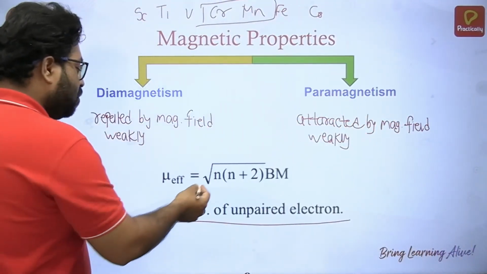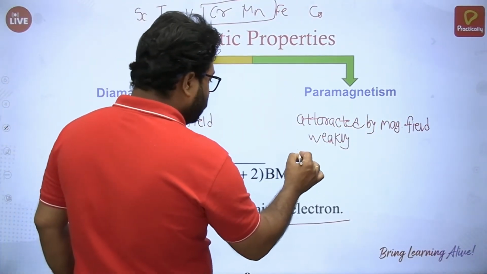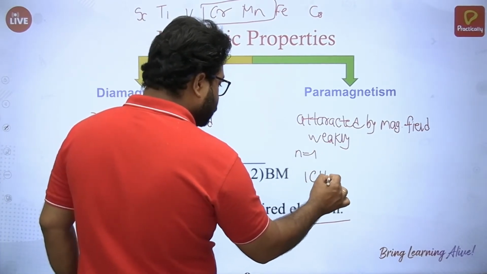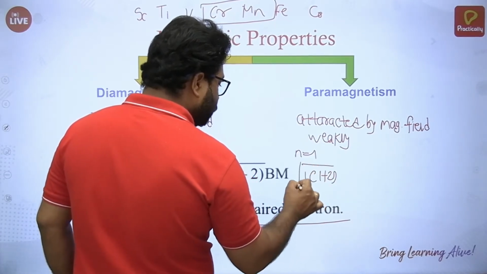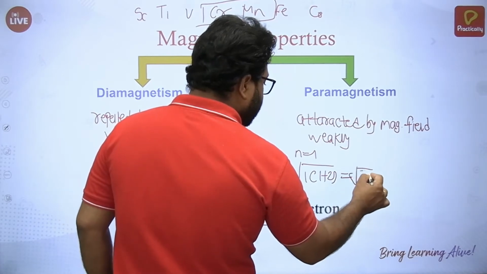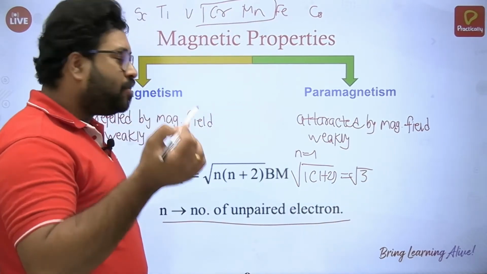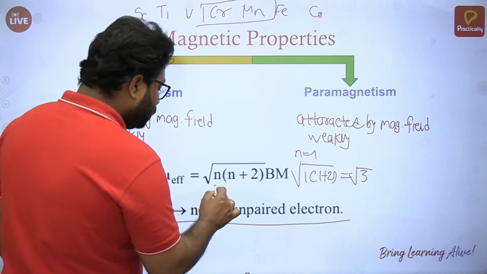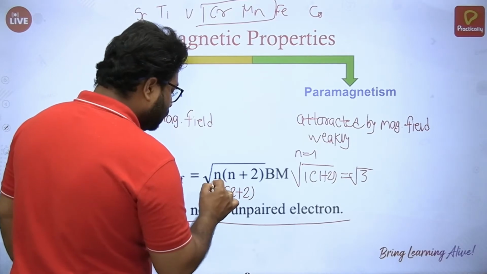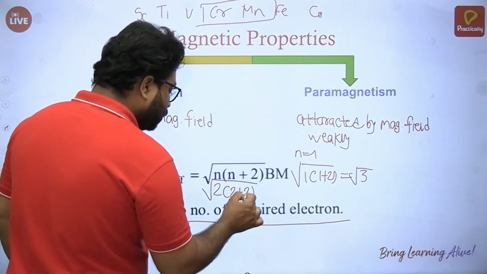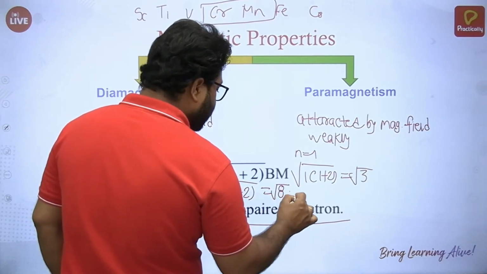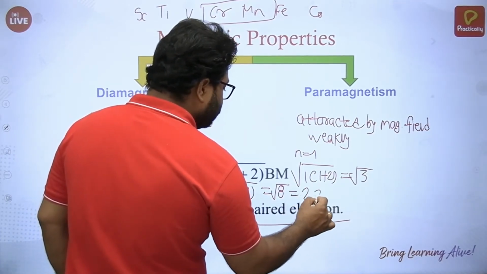When n is 1, you get √(1×3), which is √3, and √3 is 1.73 something. If n is 2, you get √(2×(2+2)), 2+2 is 4, 4 into 2 is 8, √8 is 2.83, something like that.